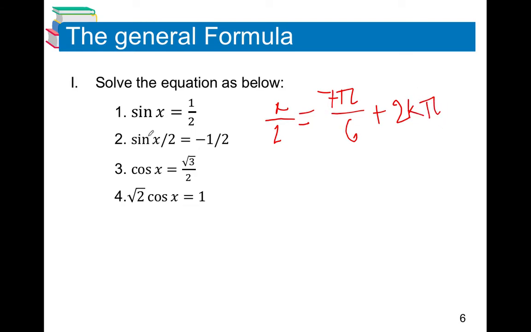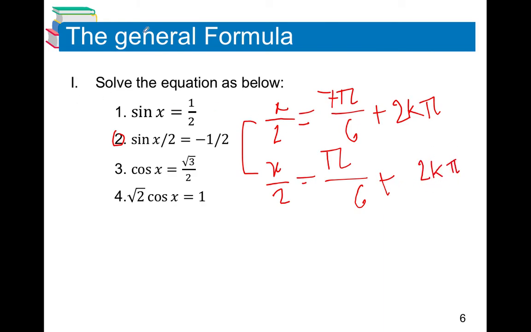This is for number 2. Okay, we go to number 2 again. Then we have h over 2 equals pi over 6 plus 2k pi. Understand?